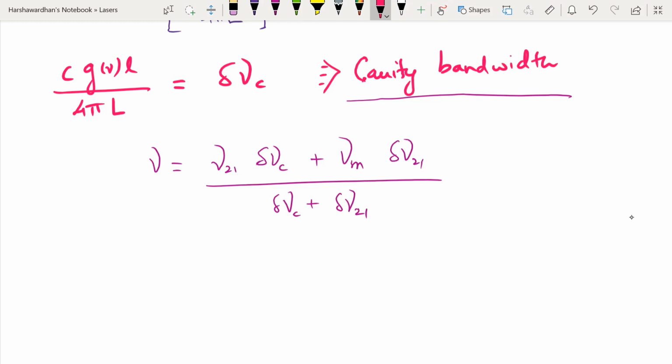Let us remind ourselves of these individual quantities. Remember, nu_21 is the resonant frequency associated with the active medium. Delta nu_C is the cavity bandwidth, right? Delta nu_21 is the atomic or the active medium's bandwidth.